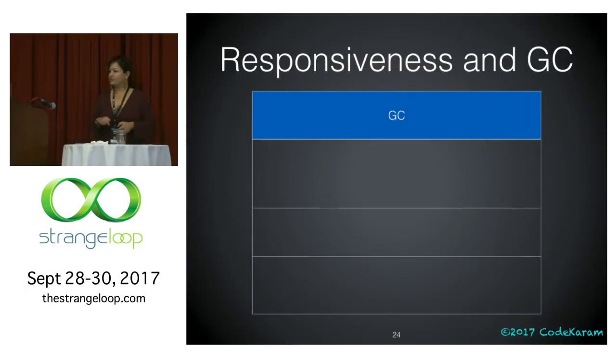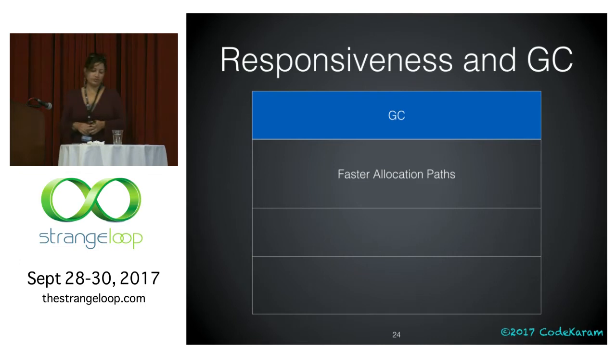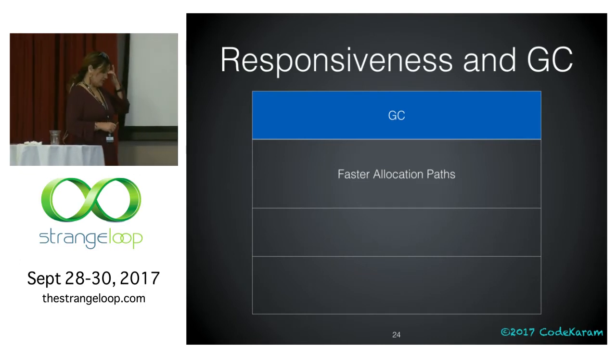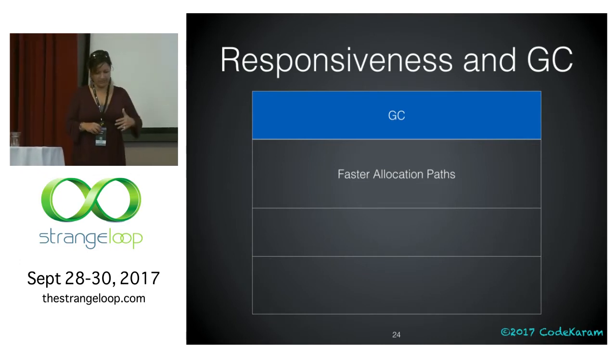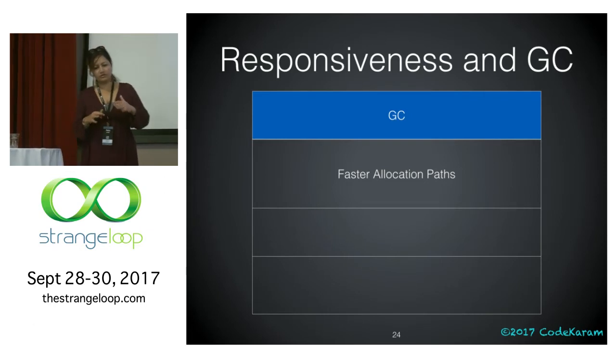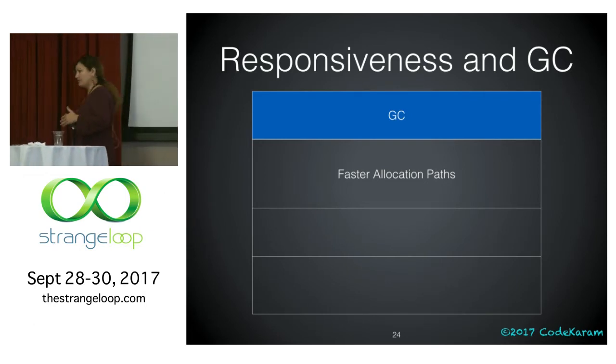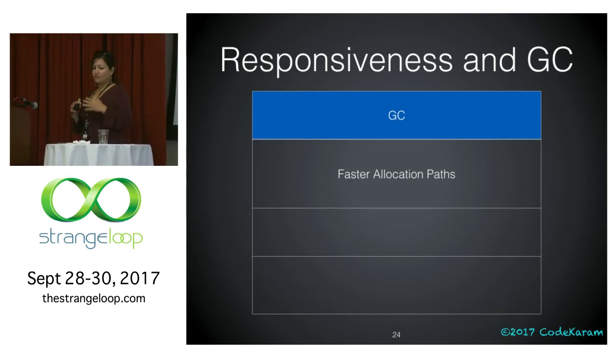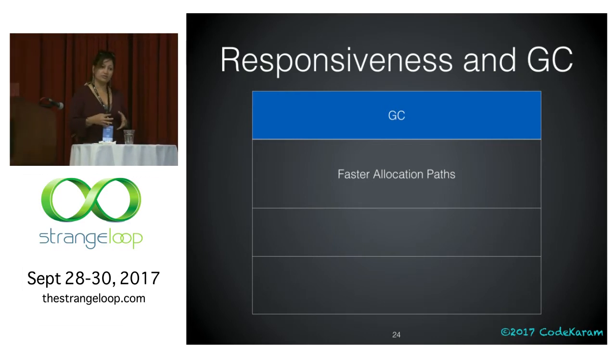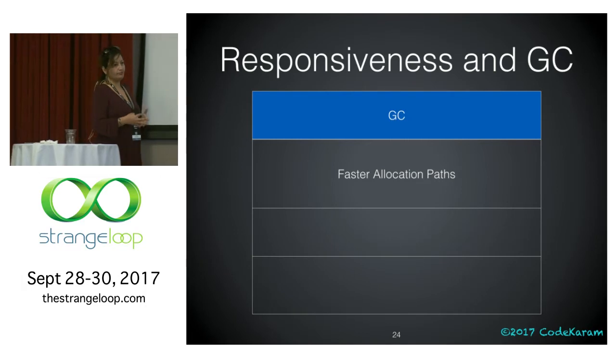Responsiveness and garbage collection. Remember when I said heap management and garbage collection was not only about reclamation, it was about allocations as well. To improve responsiveness, allocations have been improved.